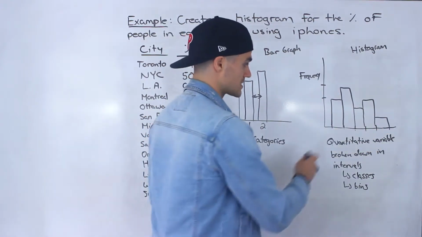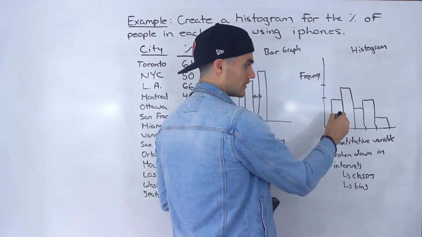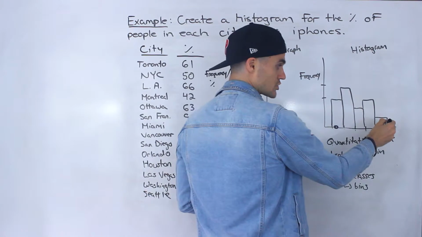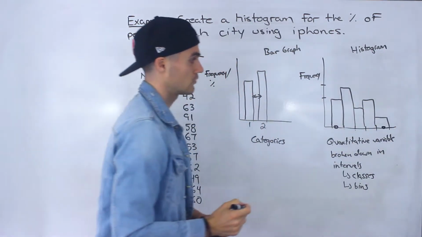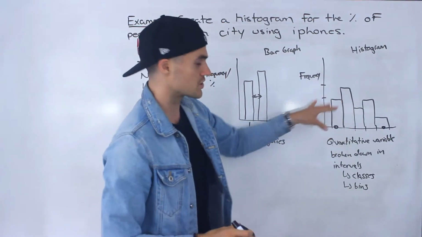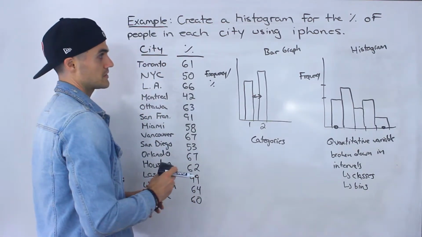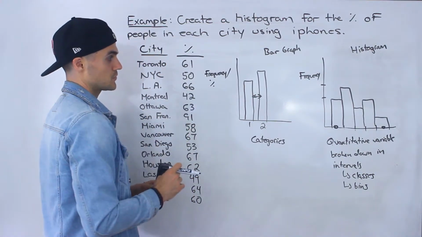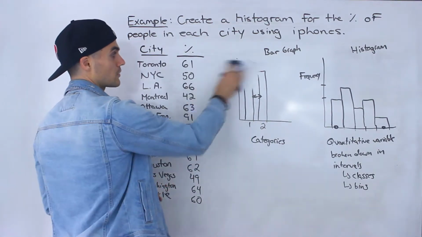The smallest number is usually in this first interval, and the largest number in the data is in the interval over here. So the bars aren't going to have any spaces in between them. Just wanted to mention some brief differences between the two. Remember, bar graphs are for categorical variables, histograms for quantitative variables.